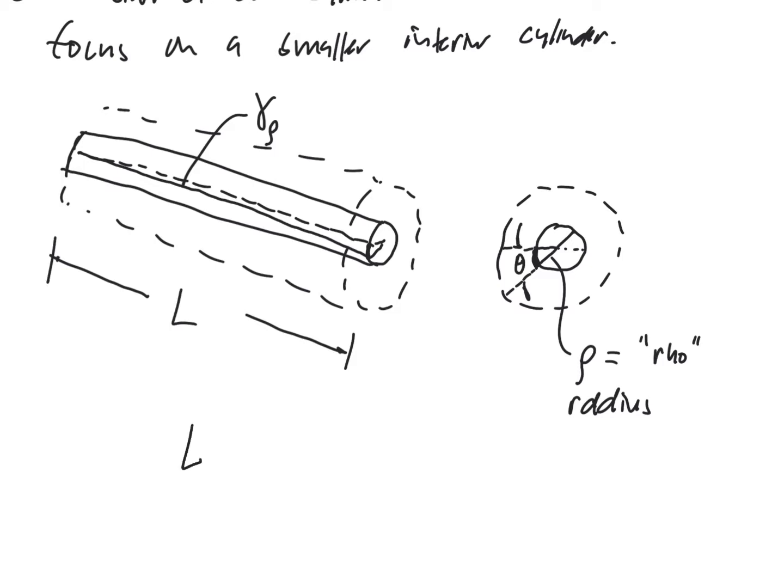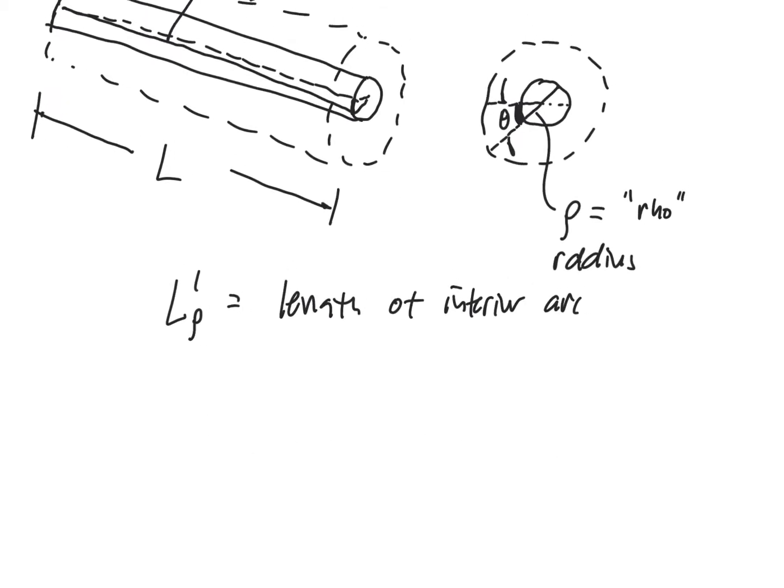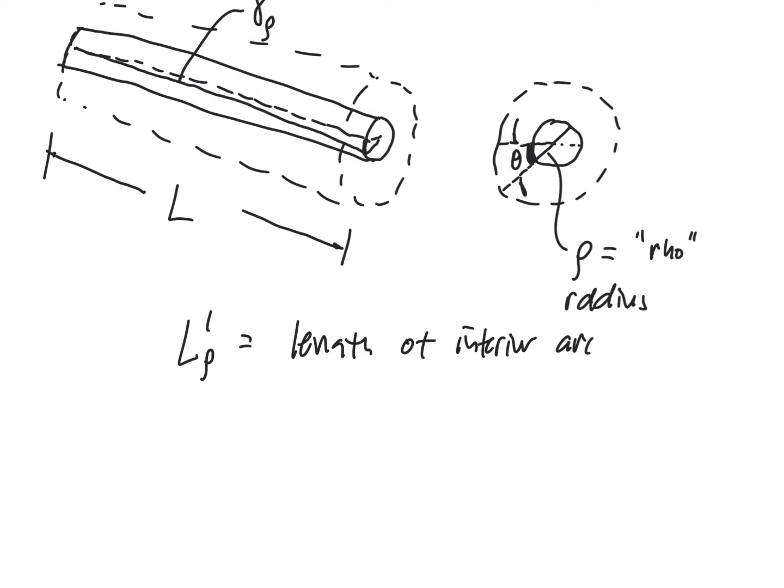So now our second arc length, let's call it something like L prime at rho. That arc length, that's this distance right inside here. That is equal to the length of the interior arc. And I put the prime there just because it says it's after the deformation, even though the other one did earlier as well. But that can be measured by two combinations.